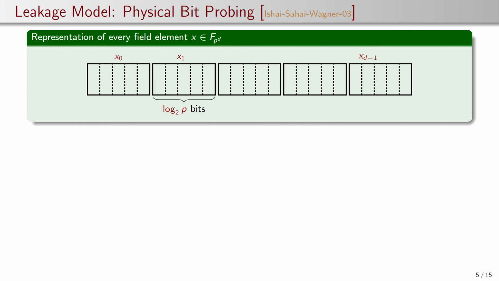And here's the leakage model. We consider physical bit probing, introduced by Ishai, Sahai, and Wagner. In this model, every field element is stored in memory in d blocks, and each block stores one F_p element, and that F_p element is stored in binary representation with log2 of p bits.